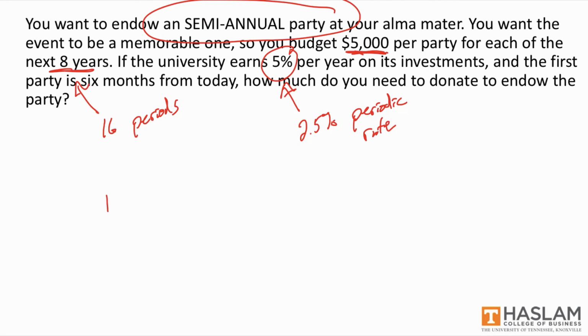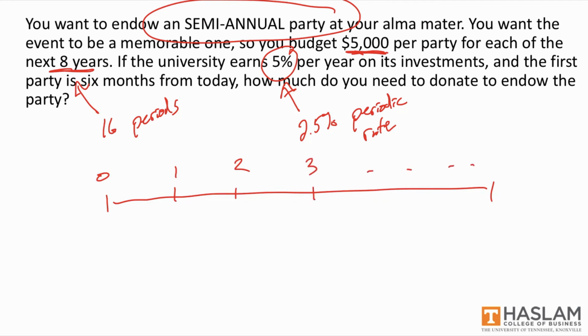Well, timeline first. Remember, we need periodic cash flows, tick marks, and interest rates. So we've got 16 semi-annual periods on the timeline. We've got $5,000 for each of the cash flows.